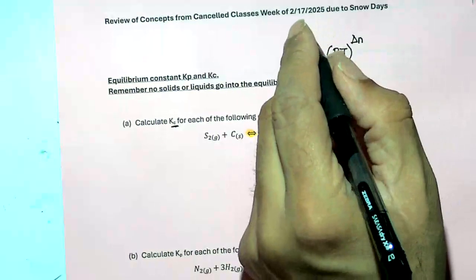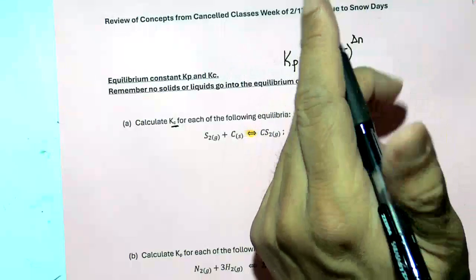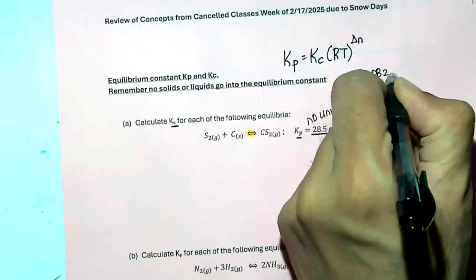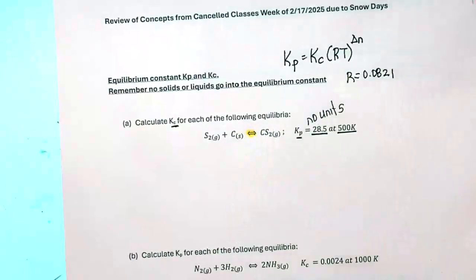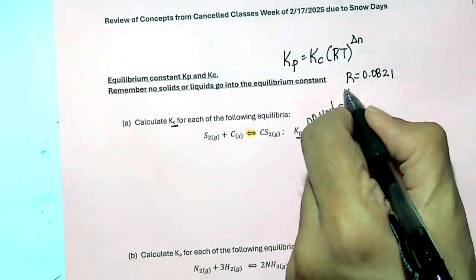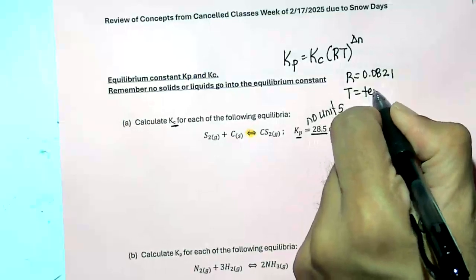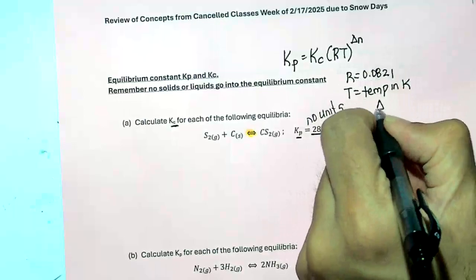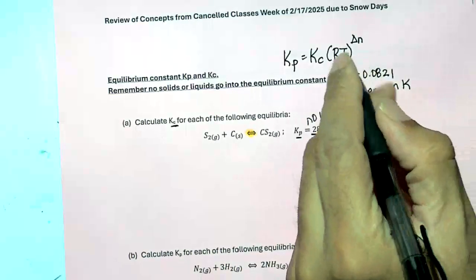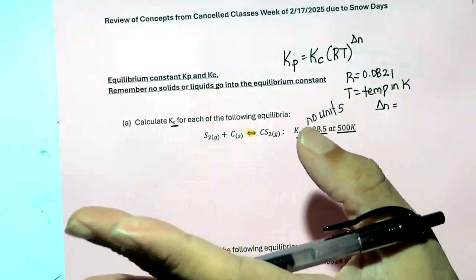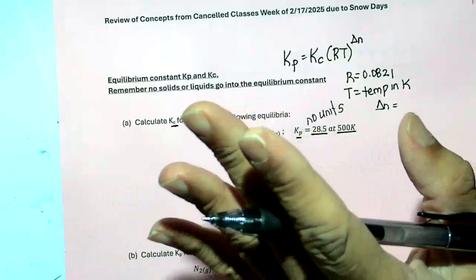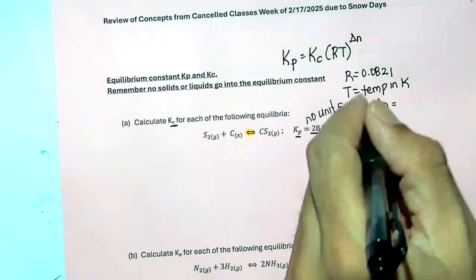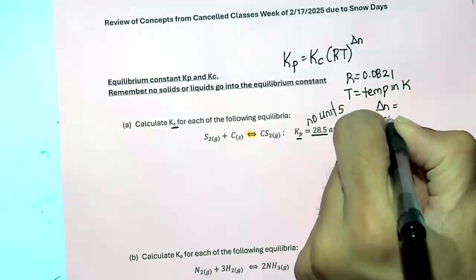K has no units, so I'm not going to put units. This R is this version of the gas constant, 0.0821. T is temperature, but we're going to put it in Kelvin. And this delta n is moles of gas products minus moles of gas reactants, the change in number of moles of gas molecules.